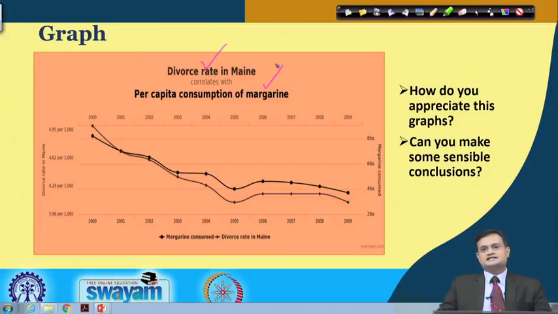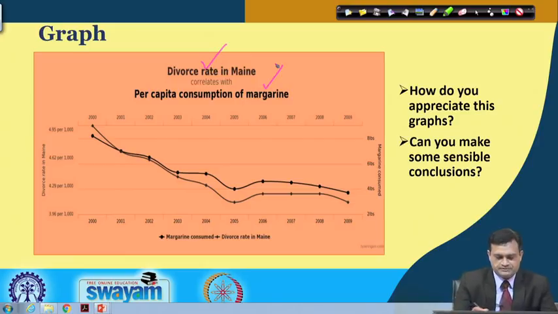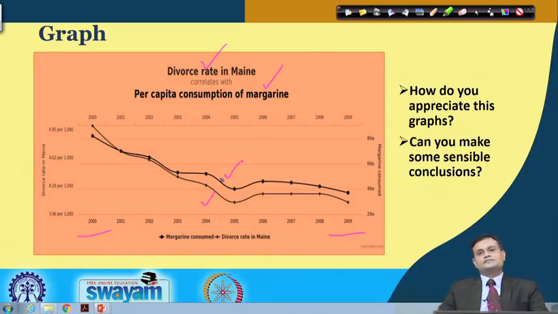Margarine is a kind of butter you use to flavor your dish, and these two phenomena are captured over a period of time, maybe from 2000 to 2009, resulting in these two graphs.